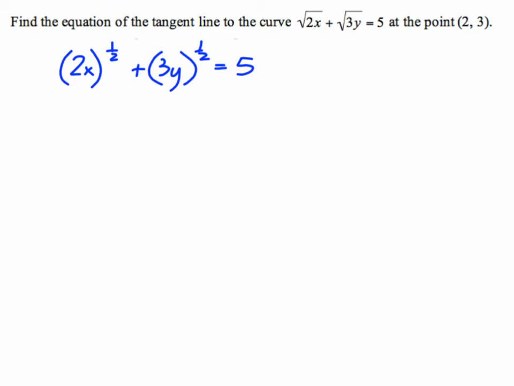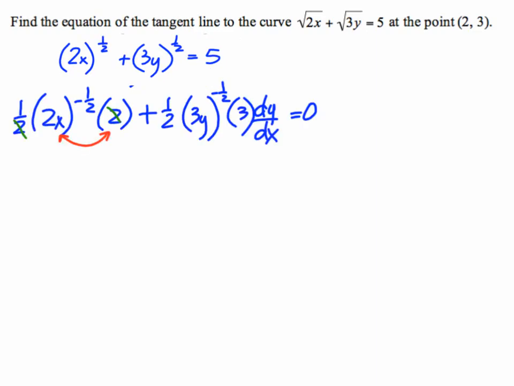By using the power rule, the 1/2 will come in front. So 1/2 times 2x, and then I subtract 1 from the exponent, so the exponent is negative 1/2, times the derivative of what's inside. The derivative of 2x is 2, because I do the chain rule there. For 3y to the 1/2, I use the power rule, so the 1/2 comes in front, 3y in brackets to the negative 1/2.